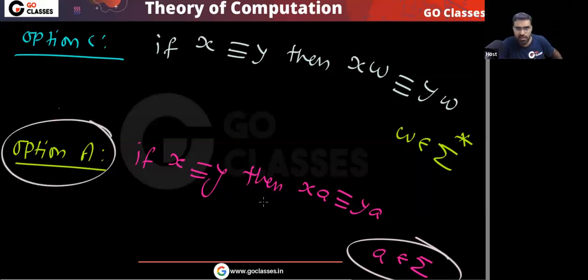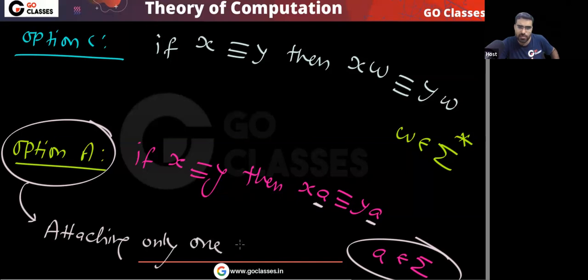In option A, we are attaching only one symbol, only one alphabet symbol. Is this point clear? So remember, in option A, we are attaching only one alphabet symbol.